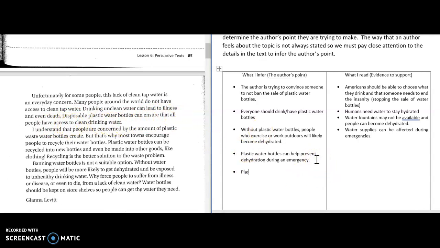All right. Plastic water bottles can prevent people from becoming ill who may not have clean tap water.